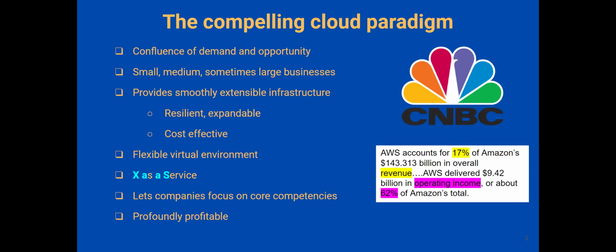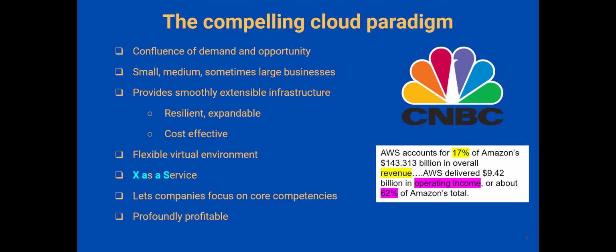And the bottom line from the other side, and that's why I talk about opportunity, is that it is profoundly profitable. Look at this. This is recent. I just looked at this in the last week. I got this from CNBC. Amazon's a huge company, and only 17% of their operating cost is the cloud, Amazon Web Services.